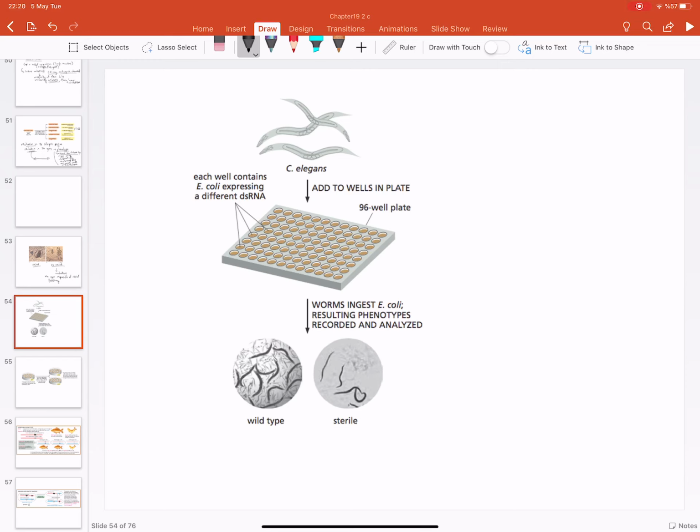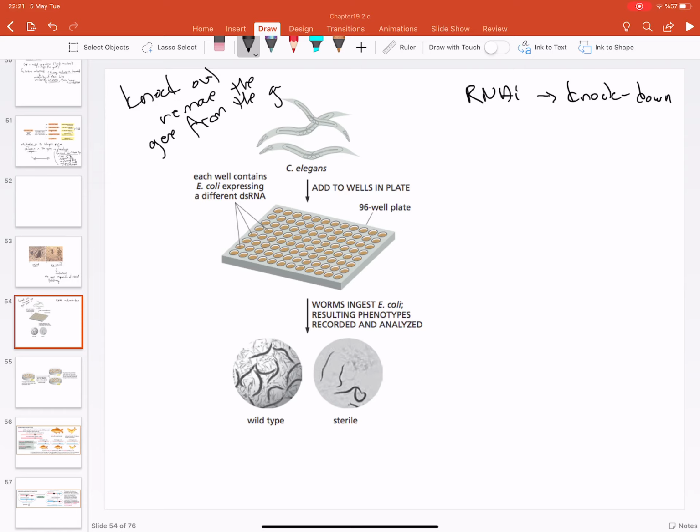Okay, then there are some newer methods of these screens, which are RNAi screens. RNAi, you all know, is RNA interference, and it's a way to knock down a gene. It is not knockout, because knockout is when you remove the gene from the genome, so the gene is not there anymore, you change the DNA.